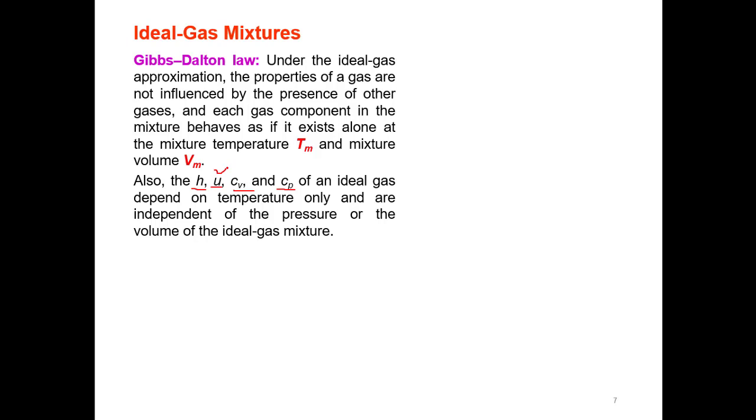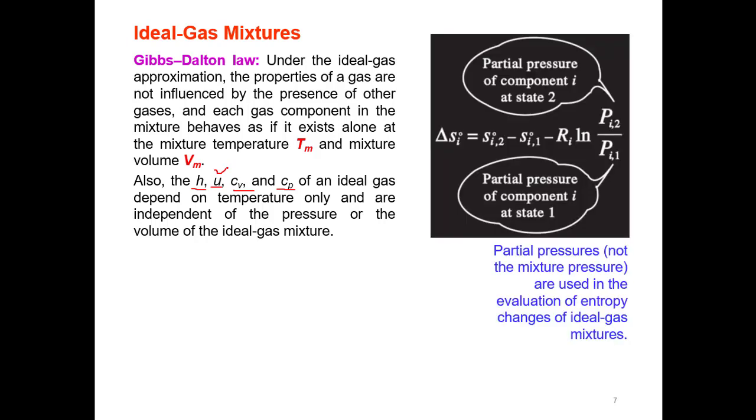Now for the change in entropy, however, it is slightly different. We already know the formula for change in entropy between any two states. Let's say the state is changed from state 1 to state 2. Then s°, this is the standard entropy which is available from the property table, is for state 2 and this is for state 1.